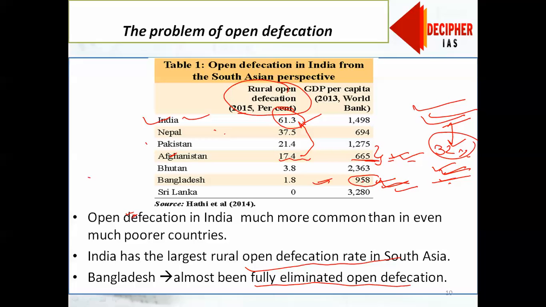But see the condition in India, it is approximately double that of sub-Saharan Africa. And even sanitation laggards like Kenya have a much lower rate than India, 15% open defecation. Afghanistan, 17% open defecation, which is much lesser than India. So it is an open shame for India throughout the world.